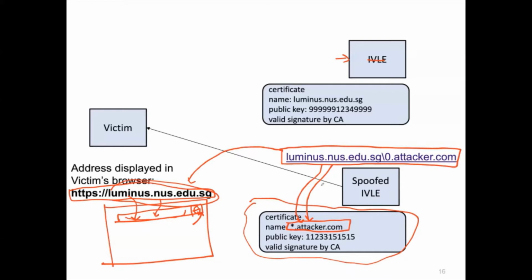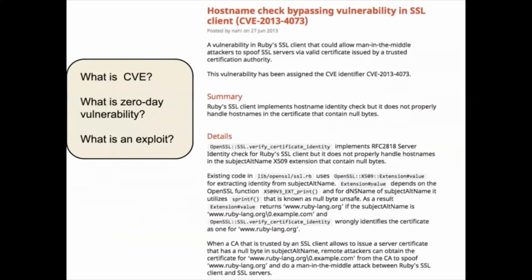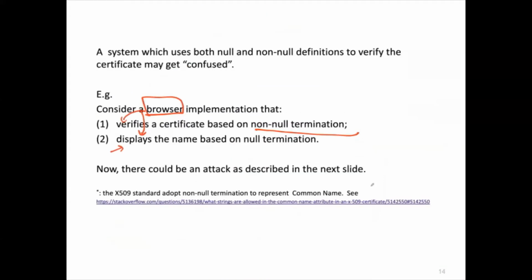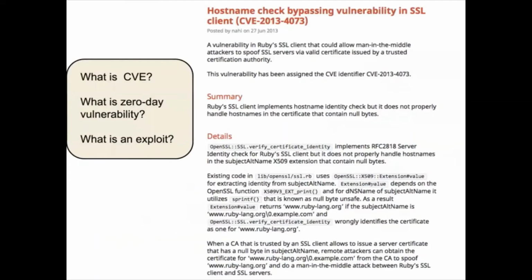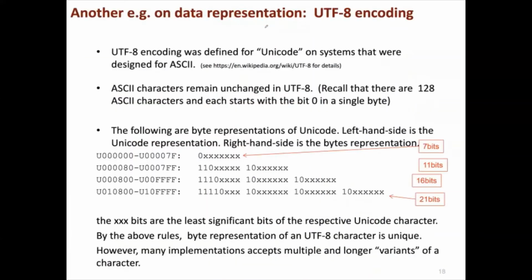Let's look at another example. It's called UTF encoding. ASCII was designed for English characters, but later on, as more and more languages joined the internet, we needed other representations for other languages, and this gave rise to UTF-8, UTF-16 and so on.